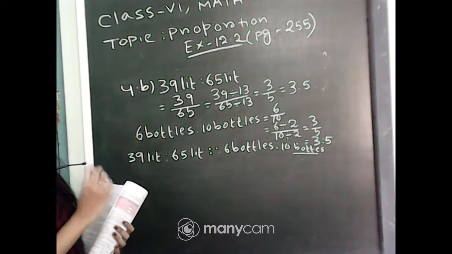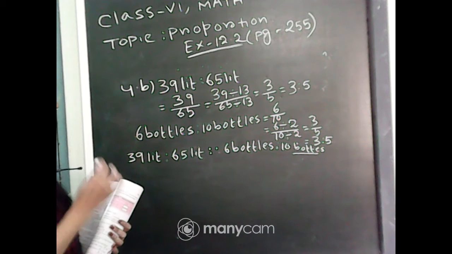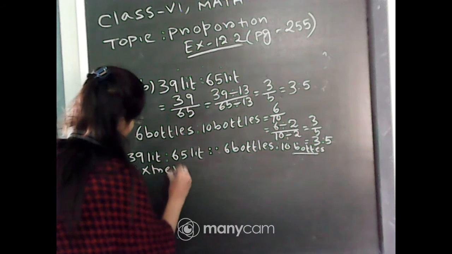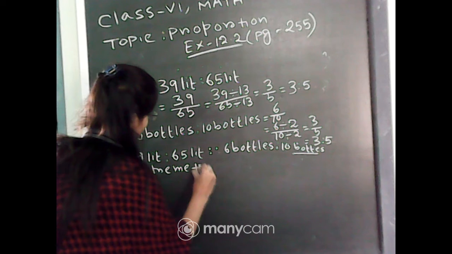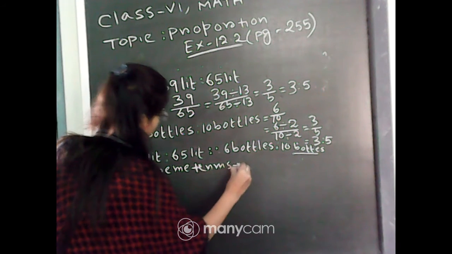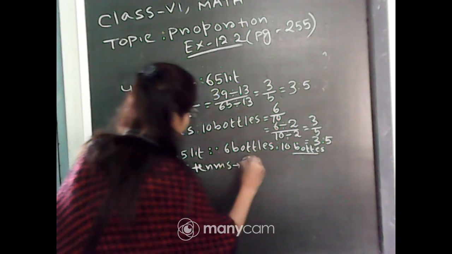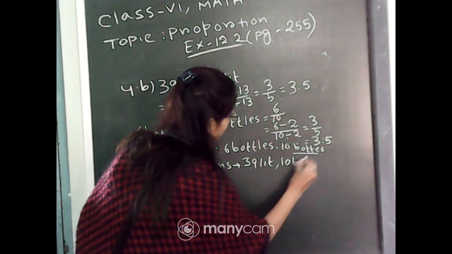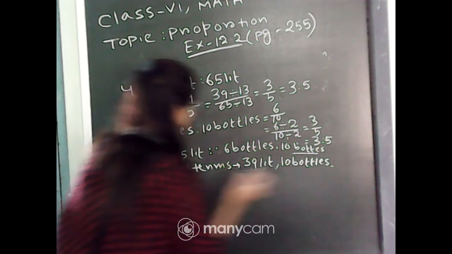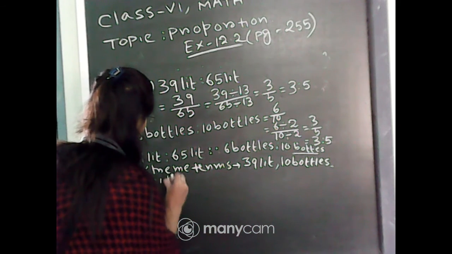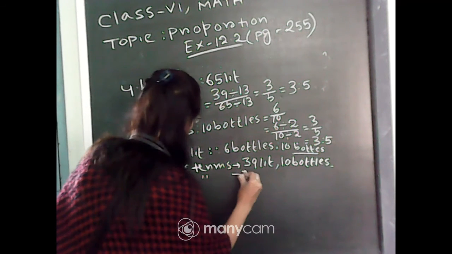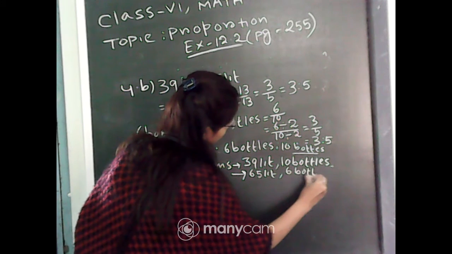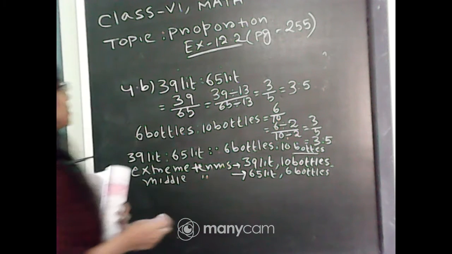So here the extreme terms are 39 liter and 10 bottles, and the middle terms are 65 liter and 6 bottles. Clear?